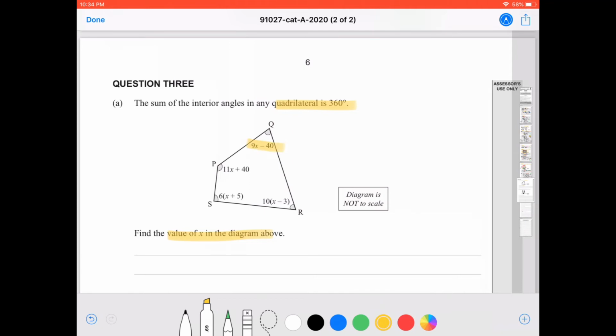And we've got these angles here, 9x minus 40, 11x plus 40, 6x plus 5, and 10x minus 3. And they're asking us to find the value of x. The important piece of information is that the sum of the angles equals 360 here.